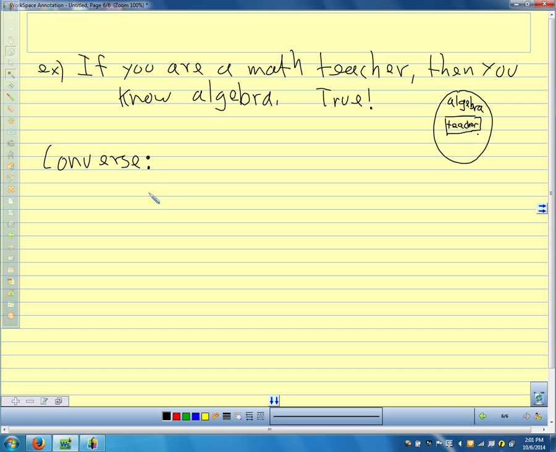So to form the converse, what do we do with our hypothesis and conclusion? Switch the order. So if we switch the order, we're going to say if you know algebra, then you are a math teacher. They would switch around too.